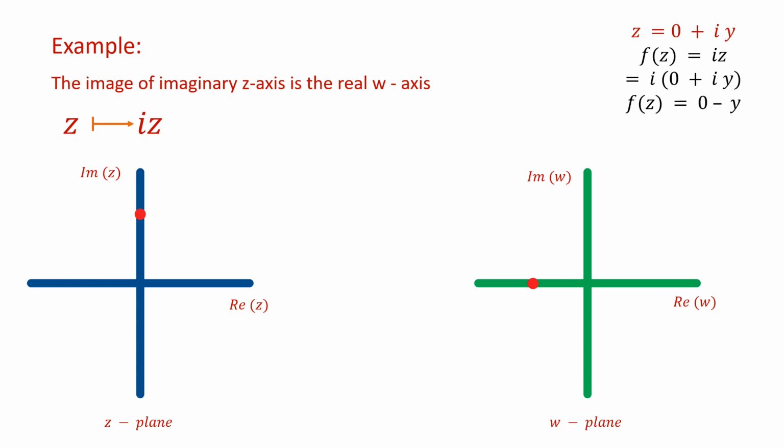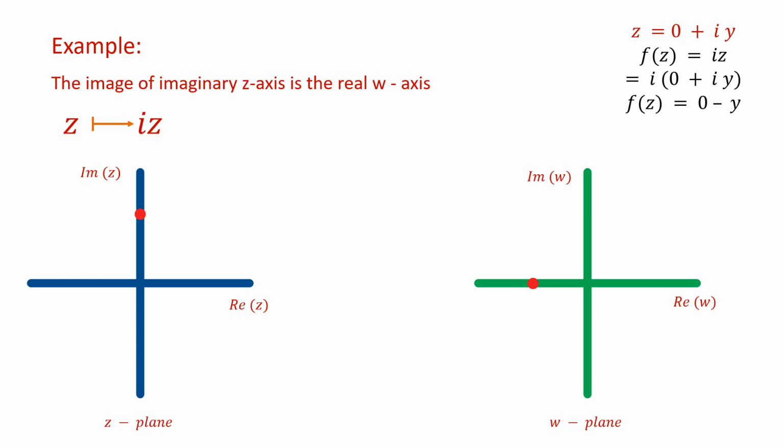So now let us consider an example. Here we have the function w as iz. So z is mapped to w, or z is mapped to iz. So we have two planes shown here. One is the z plane and the other one is the w plane. Let us consider a point in the z plane on the imaginary axis.